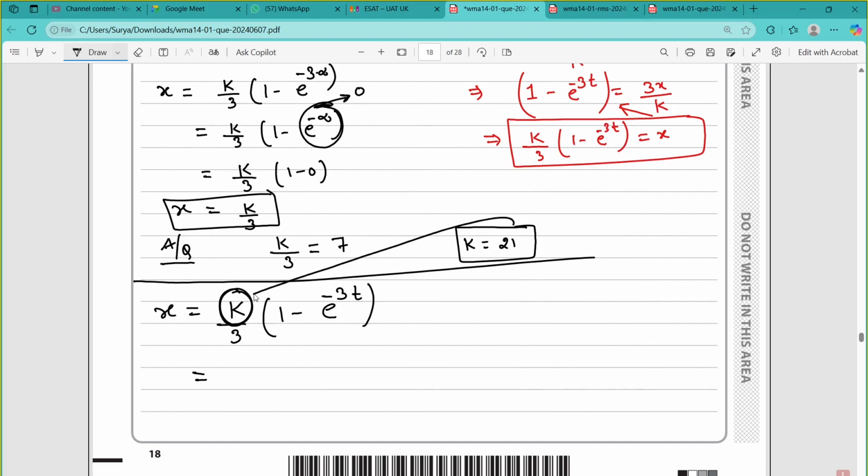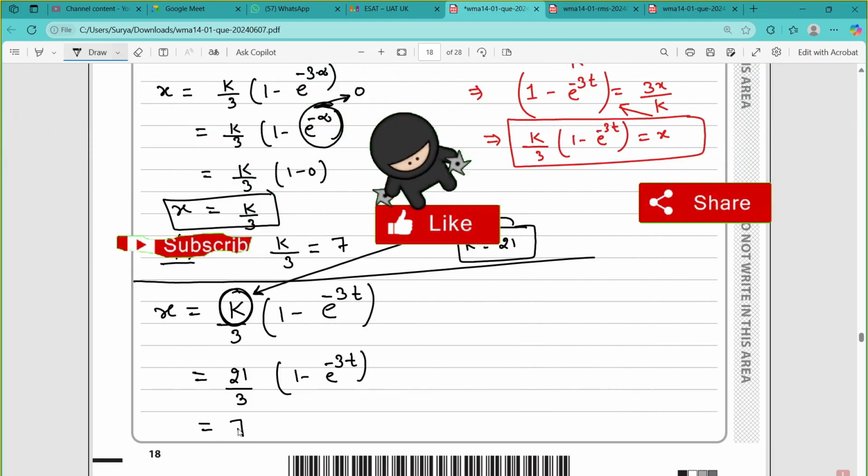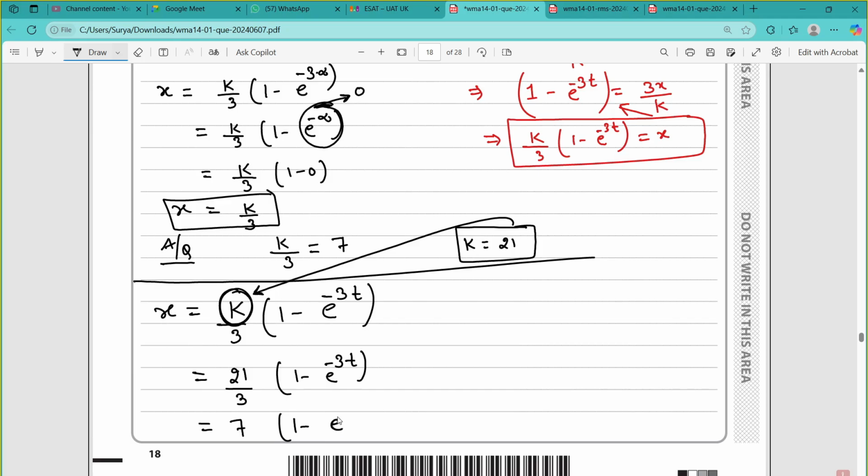You must substitute it. So it should be 21 over 3, 1 minus e raised to power minus 3t. So it means it should be 7 times 1 minus e raised to power minus 3t. This is my x. So I know where I went wrong. I get it.